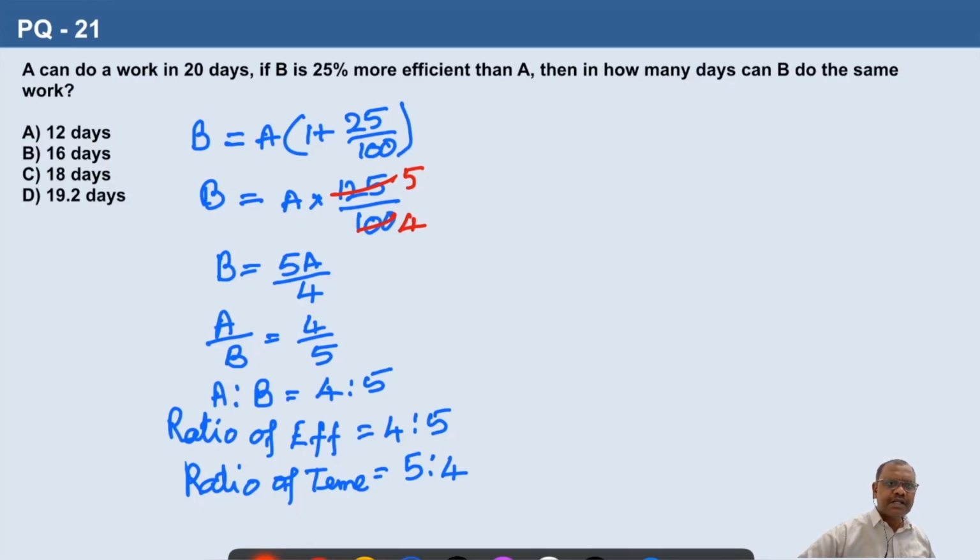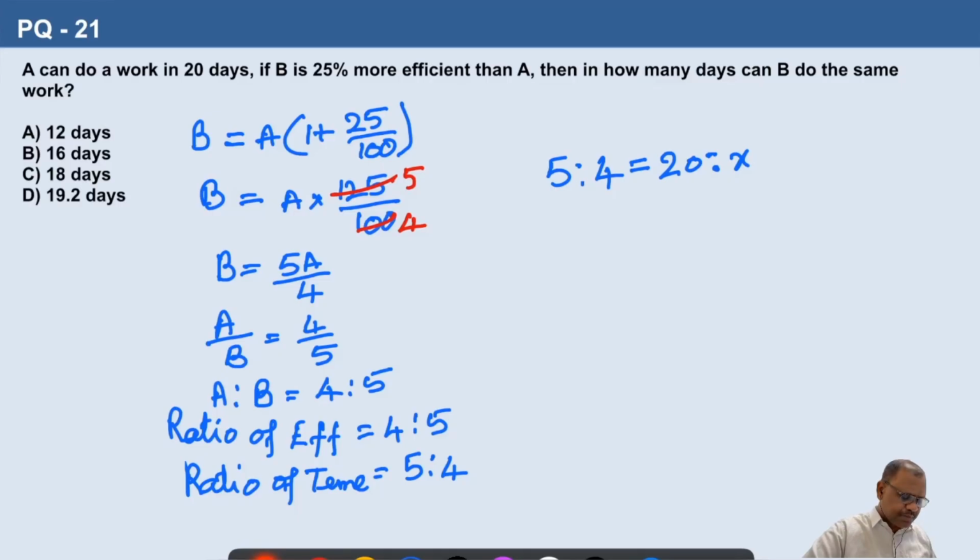So here we know the time taken by A, that is 20 days, and we have to find out the time taken by B. So 5 is to 4 is equal to, time taken by A, 20 days. Time taken by B we have to find out, assume it as X. When the two ratios are equal, they are in proportion.